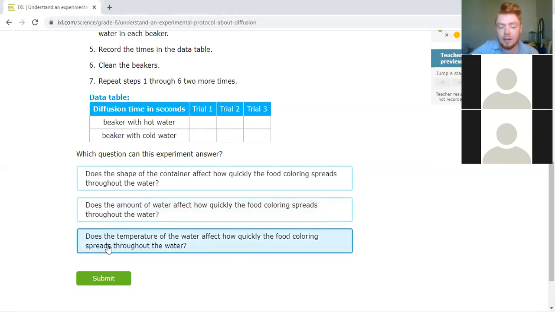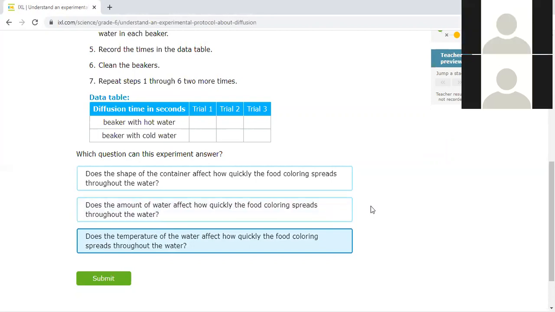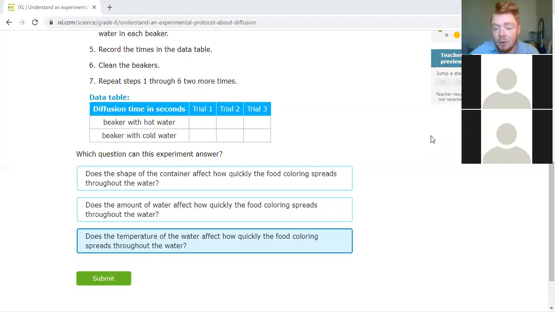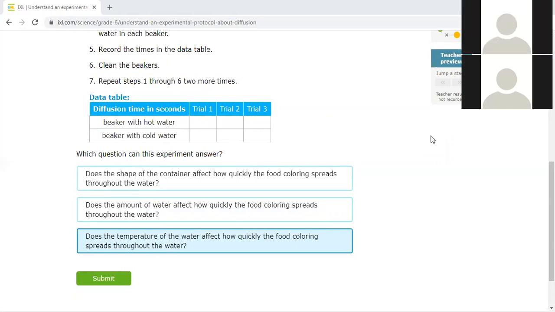Interesting. So we have 2 students who think the amount of water affects. We have 1 student who thinks the temperature is what's being affected. Interesting. So guys, this one's fascinating. I really only feel like I have 3 students participating, so hopefully everyone's at least listening, even if you're confused.